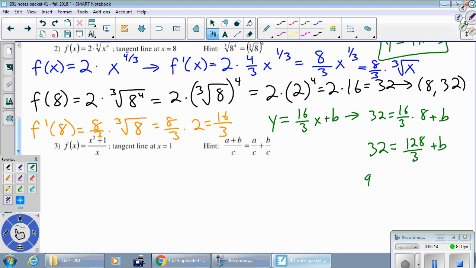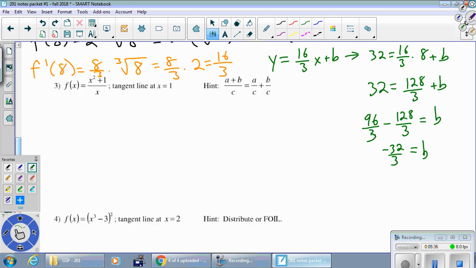This one is really 96/3, that's the 32. And then I'll subtract the 128/3 to get my b. Sure wish I had my calculator with me. So that's a 28 and another 4. That's 32, but it's negative 32/3. And so then finally our equation for the tangent line is y equals 16/3 x minus 32/3.